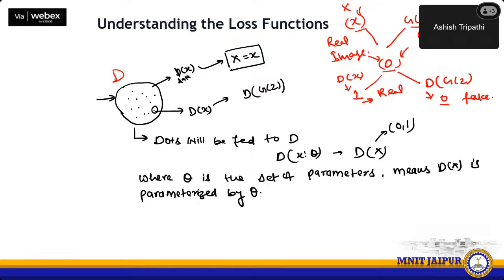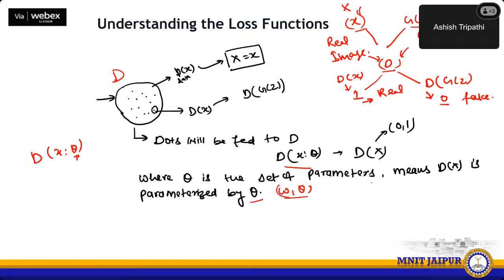After the successful training that we have discussed, this discriminator is going to be converted into D of x comma theta, which is called a parameterized discriminator network, parameterized by theta. What is theta? Theta is a set of parameters, a set of weights and biases.